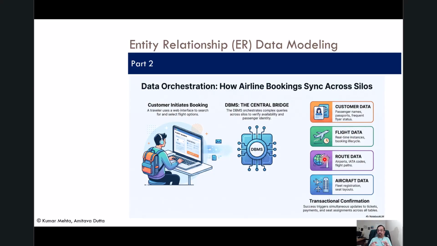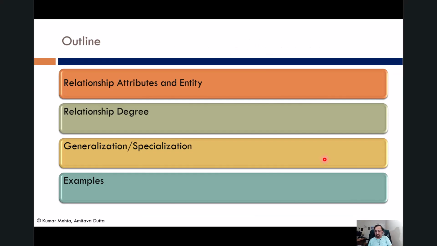So in this discussion, we are going to continue from where we left off in the last lecture, and we will introduce more concepts associated with the entity relationship model. We'll try and understand what they are, and we'll see examples of what those additional constructs are.